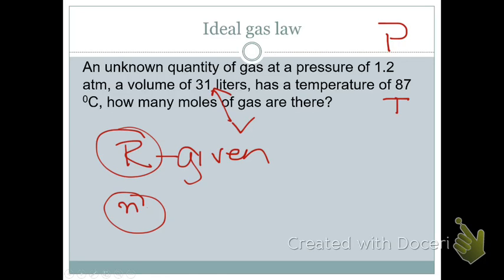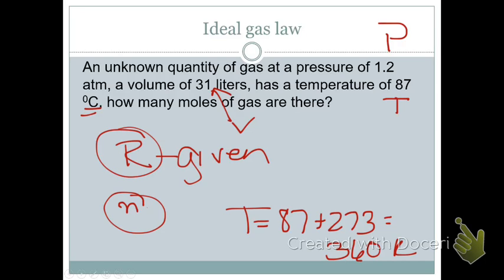We do have to change the temperature because it's in degrees Celsius. We're going to have to add 273 to 87, and we get 360 K. So now we've got our temperature.